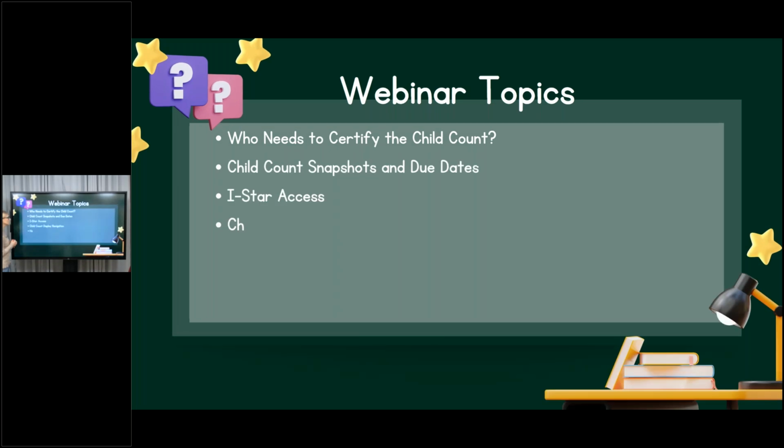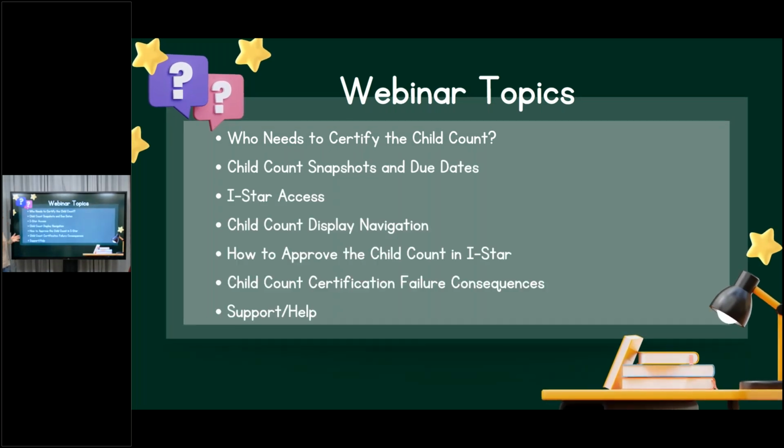I'm happy to answer. So first, we'll talk about who needs to perform the certification. We'll go over the snapshots that are happening now and the final due dates, how you can get iStar access. Then we'll look at how you can navigate the display for the child count area that is showing, how to approve the child count in iStar.